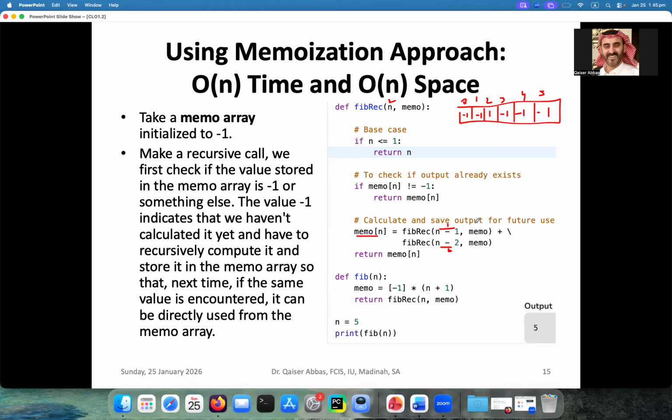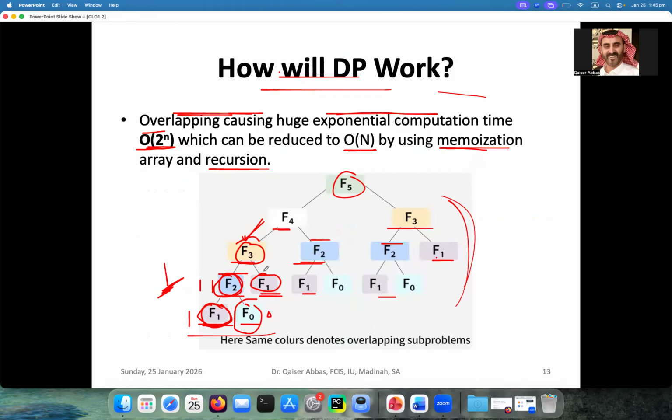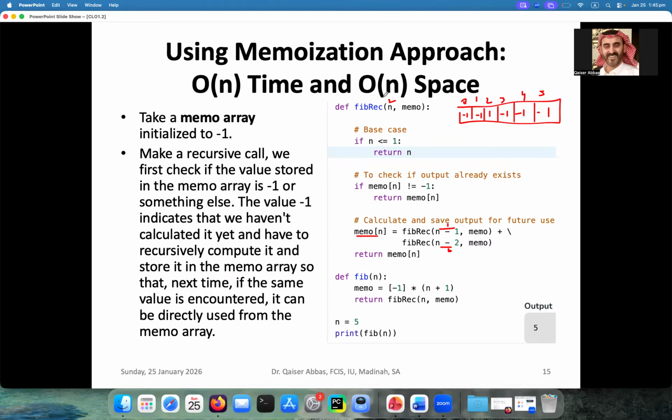In parallel, in the tree, there is another call which is remaining, f of 1. These are the two subproblems called under f of 3. So now our n is 3. If n is 3, then this is the call for 2 and this is the call for 1, which are the subproblems.